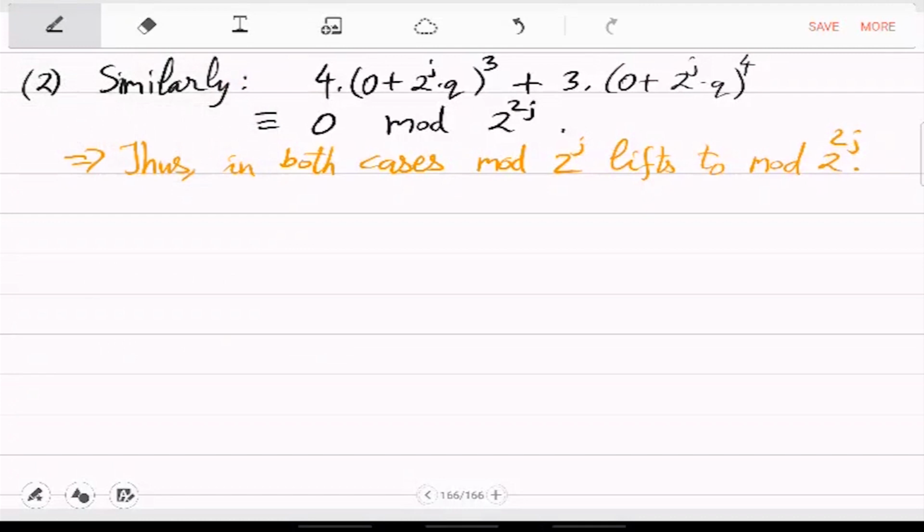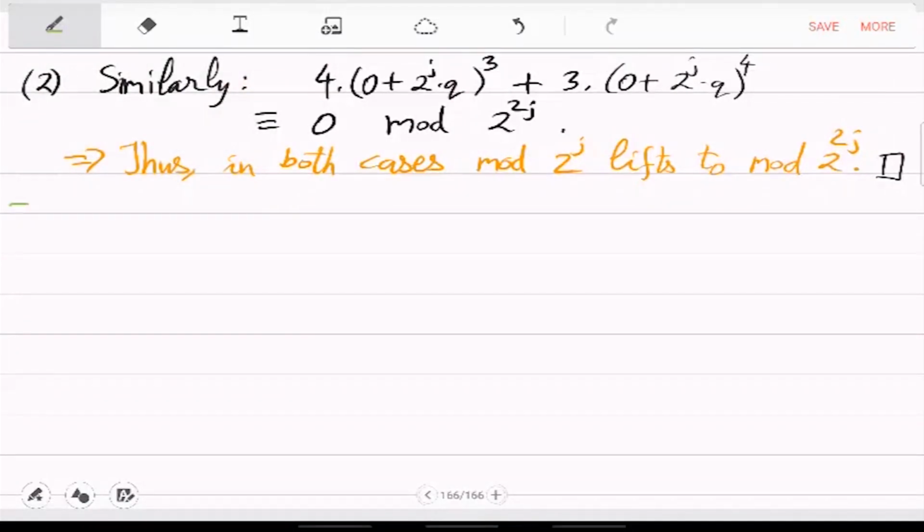And that is what the claim said, that 2 raised to i will become 2 raised to i plus 1. Okay, so this magical formula, this recurrence for phi i plus 1, lifts the values mod 2 to mod 4, so mod 2 to mod 2 square to mod 2 raised to 4. It grows very fast.